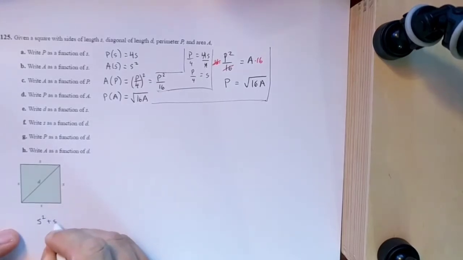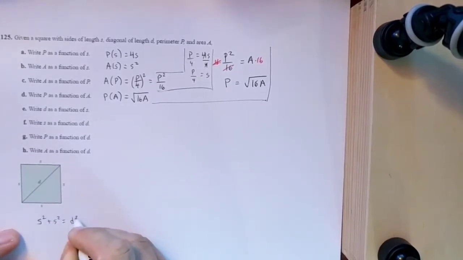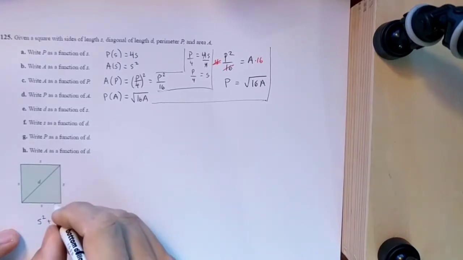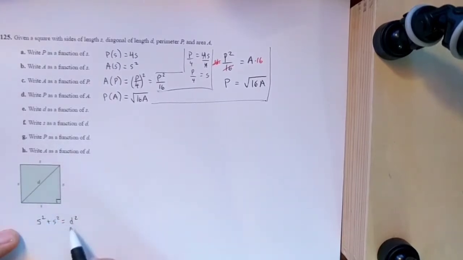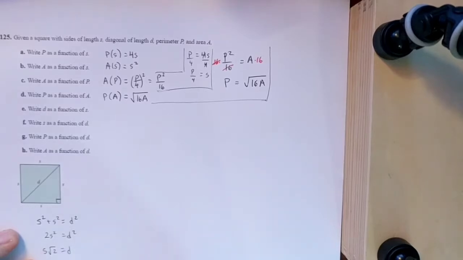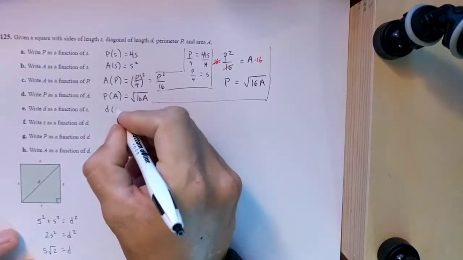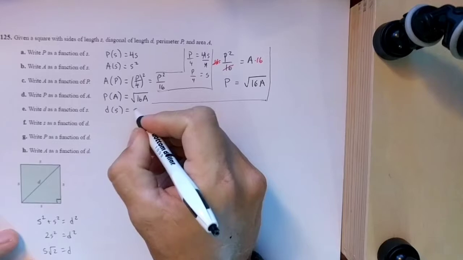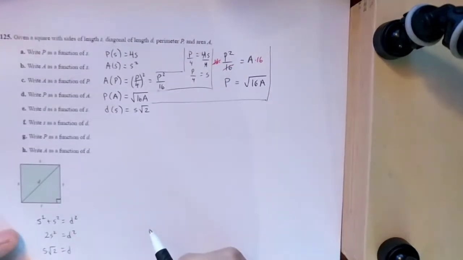A squared plus B squared equals C squared, A and B being the legs of a right triangle, and then D being the hypotenuse here. So you just add these together because they're like terms, and then you square root both sides. And the square root of S squared is S, but the square root of 2 we don't know, and that's the diagonal. So the diagonal as a function of side is the side times the square root of 2.